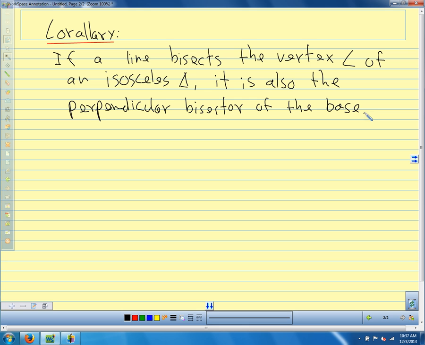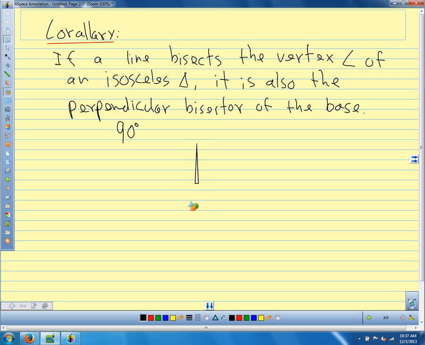Well, it intersects at a specific angle, a 90-degree angle. So perpendicular means 90 degrees, and bisector means it cuts it in half. So this line that bisects the vertex angle of the isosceles triangle meets the base at a 90-degree angle and cuts the base in half. So let's draw that in the picture.